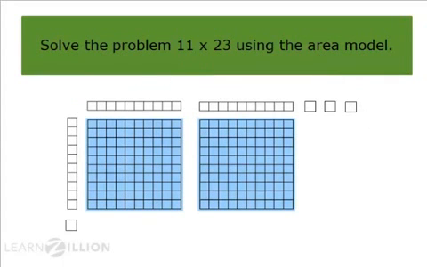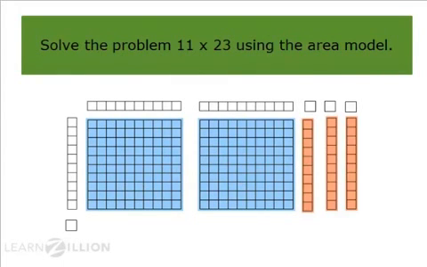First, I know that 10 times 20 is equal to 200. Each one of these blocks is 100, or a hundreds block. Then, as I move on, I can see that 10 times 3 is equal to 30. Now we have most of our rectangle filled in.